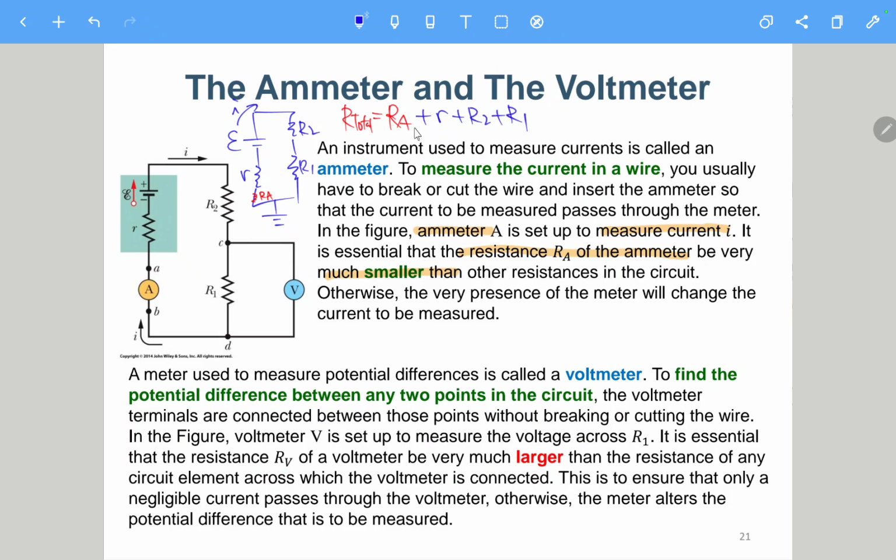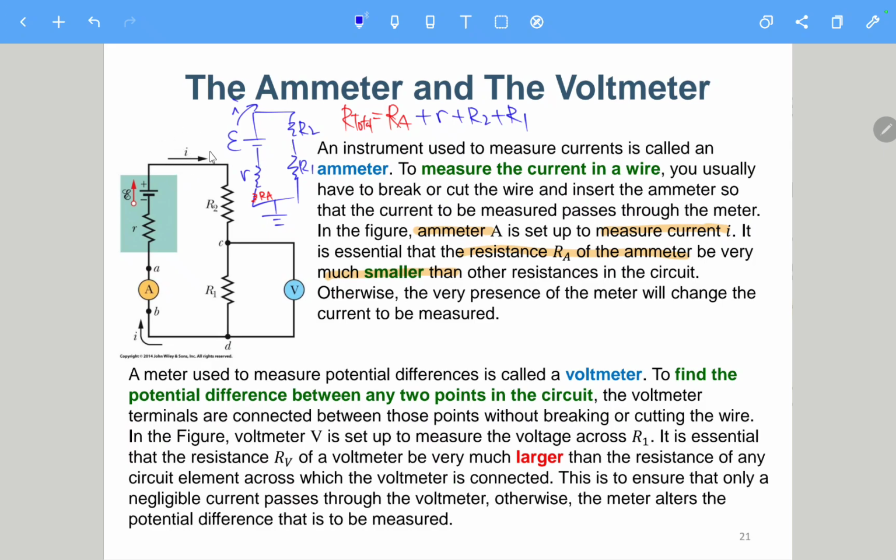Originally the resistance only had R, R2, R1. Here, if you connect the ammeter, it becomes these terms plus RA. So if RA is comparable with them, we will change R total. If RA is much smaller than the others, then whether or not you connect the ammeter there, the total resistance will be the same, and so the current wouldn't change. If RA is large, say RA is equal to R, then it will change the current.